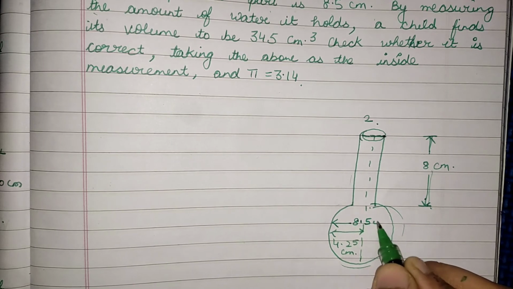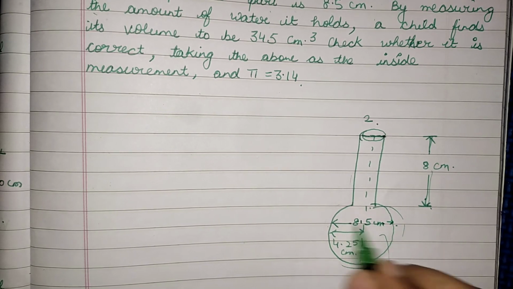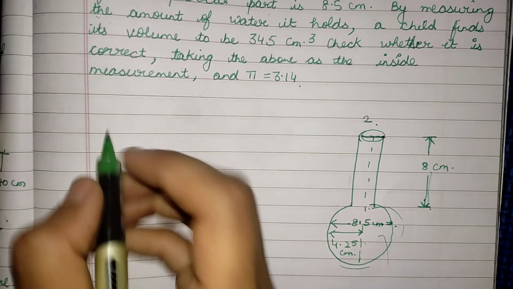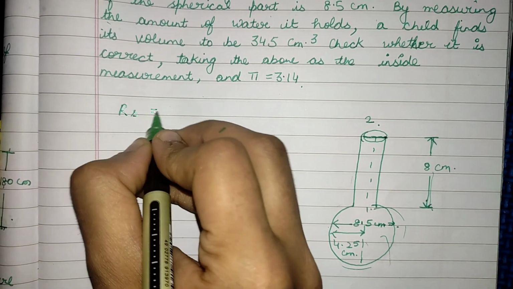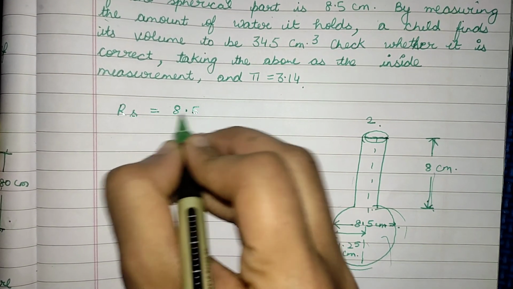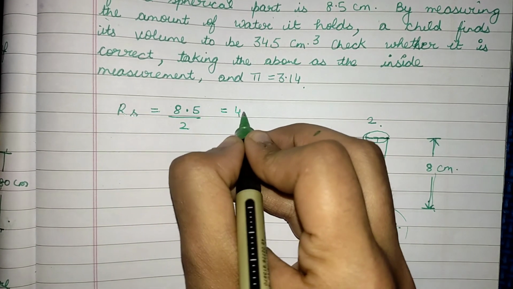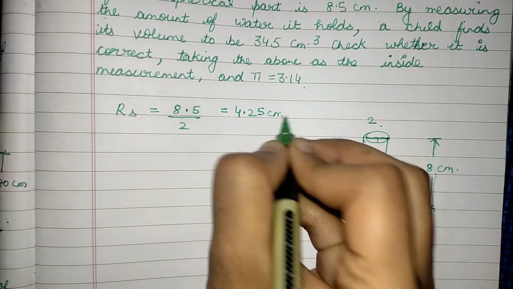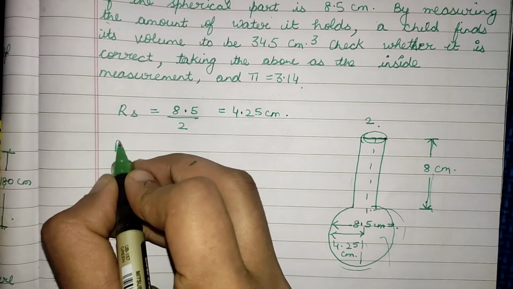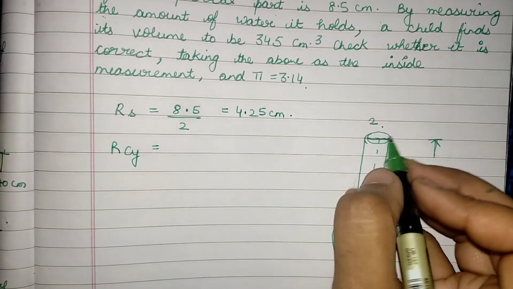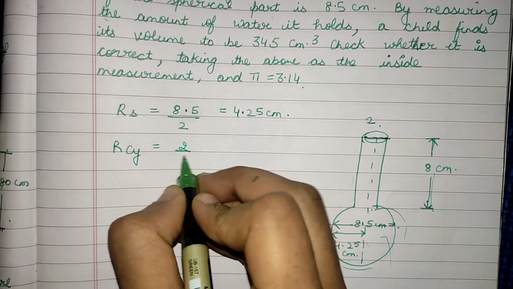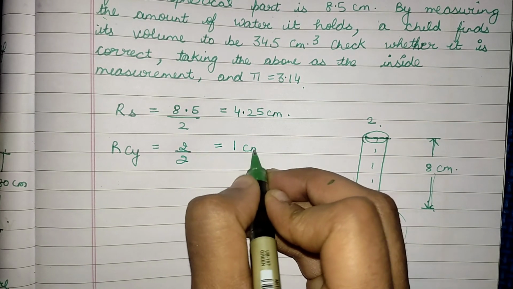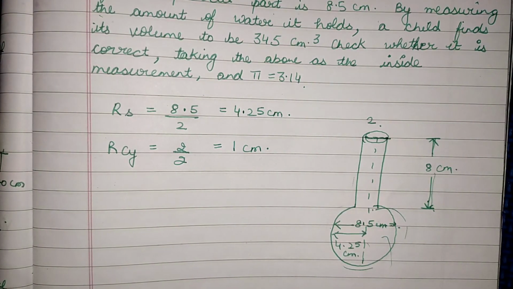8.5 centimeter. So if this is 8.5, then my radius will be what? Radius of sphere will be equal to 8.5 by 2, which is equal to 4.25 centimeter. Similarly, radius of the cylinder will be equal to 2 by 2, which is equal to 1 centimeter.